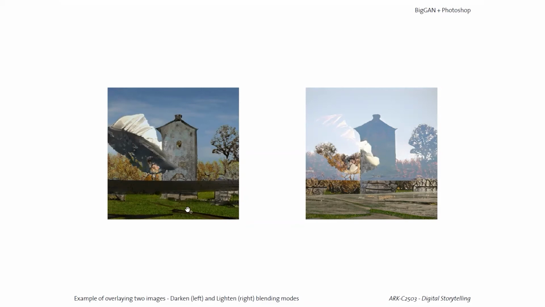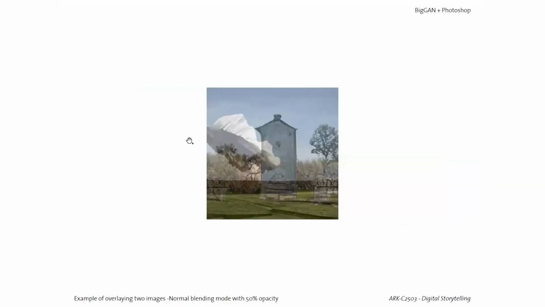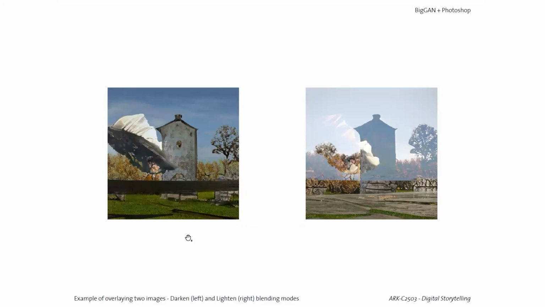So if there's anything in this left image that is lighter, like maybe the sky, this will not be included, or it will just be removed. So I'm blending only the darker areas of the top image. Or I can do exactly the opposite, and blend the lighter: if there's a lighter pixel on the top, that one gets priority. So I'm basically choosing which pixels are shown and which not. And here specifically, I'm just choosing which one is lighter, which one is darker.